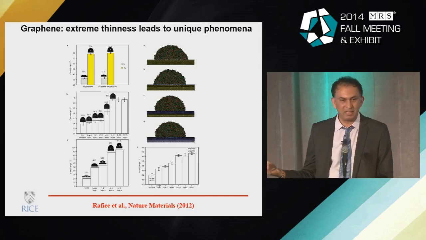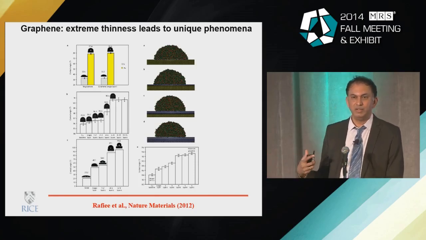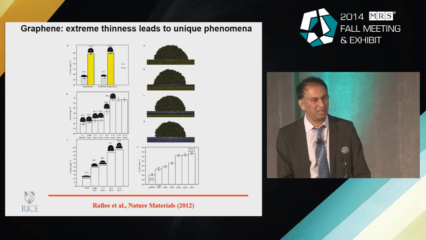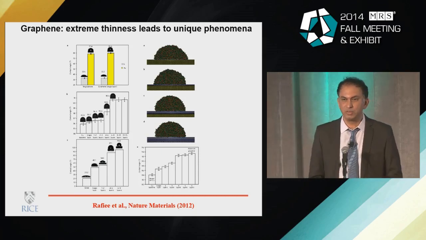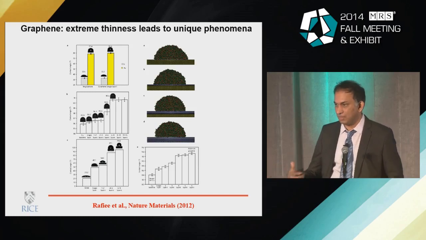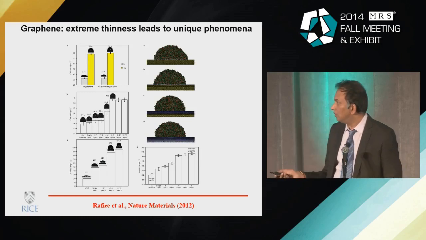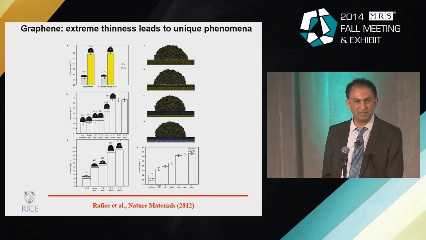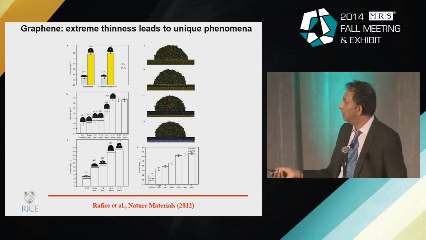Those things are fascinating because you can think of some new types of application where these graphene-type coatings could be totally non-invasive, and you could still get the same kind of interfacial characteristics with the substrate that you are looking at with any solvent that is interacting with it. So there are some very, very unique phenomena simply because of its extreme thinness.